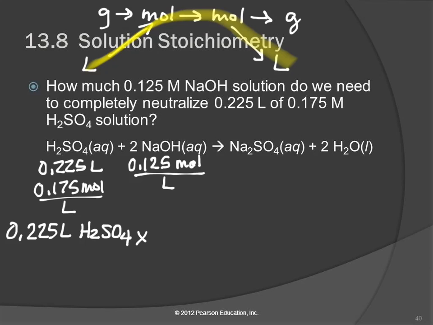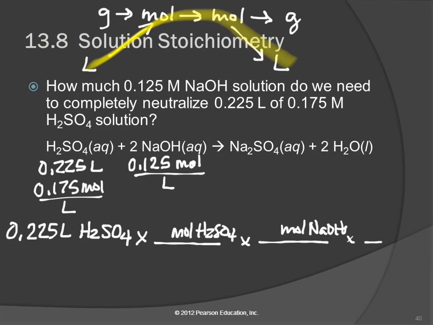So liters of sulfuric acid to moles of sulfuric acid, to moles of the other thing, sodium hydroxide in this case, to liters of sodium hydroxide. Liters to moles to moles to liters.